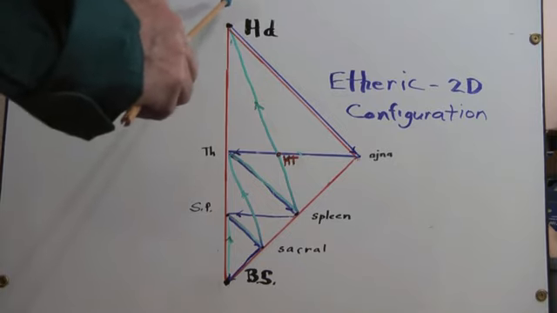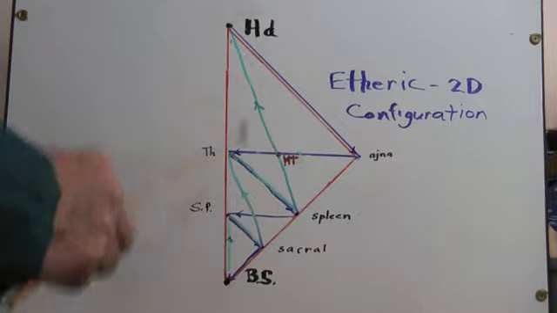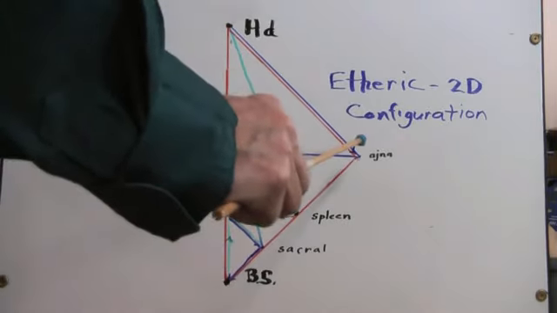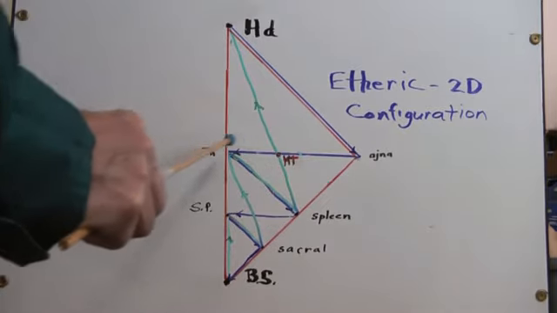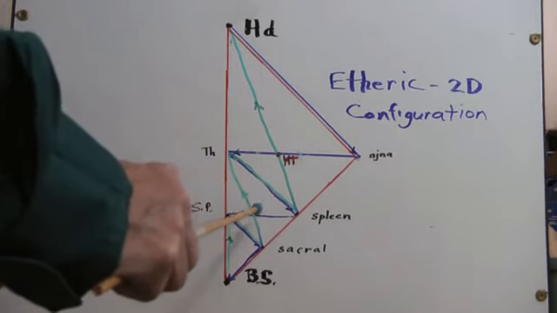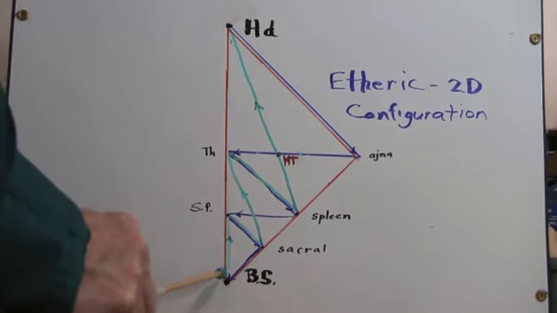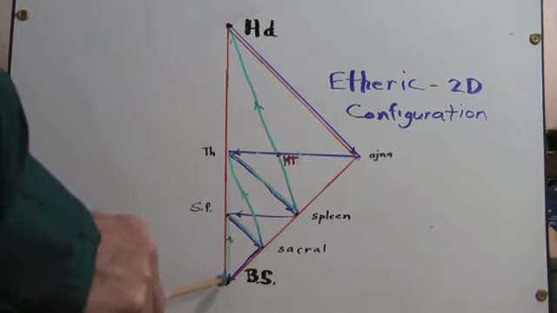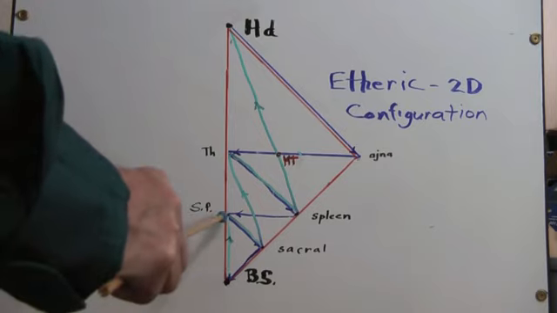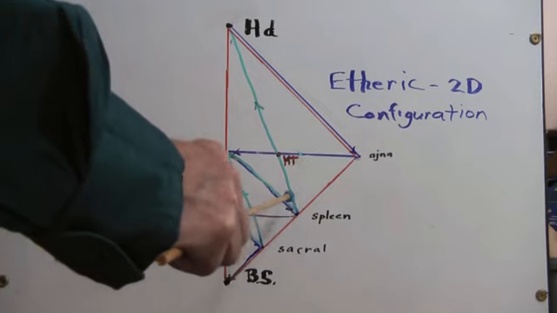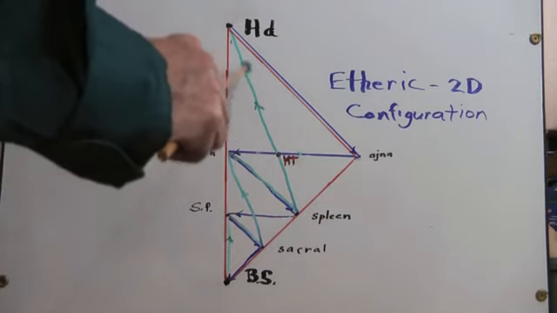And with me, anyway, when I'm drawing it in the air, go down and then I start at the top again and go over to the ajna, to the throat, to the spleen, to the solar plexus, to the sacral, to the base of spine. And then I go up to the solar plexus, sacral, throat, spleen, up through the heart to the head.